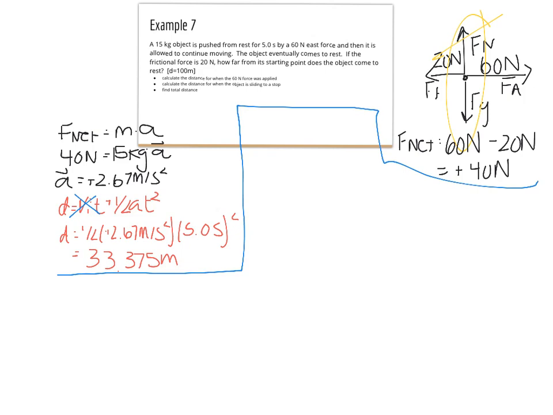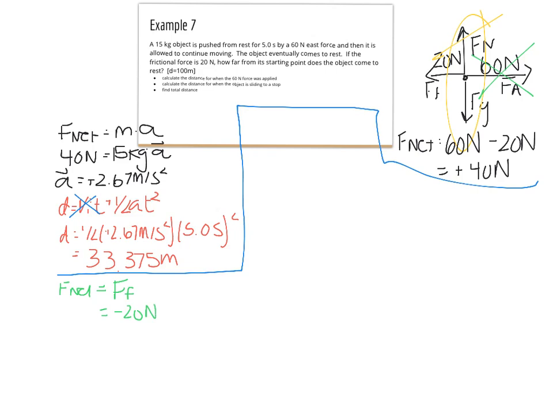Sorry, just trying to carve out some space. Now, in our second piece, we know that F net, once it's moving, we no longer have an applied force. Okay, so our applied force is gone. F net will just equal the force of friction. Okay, because again, our normal force and gravity are still balanced. The only thing that's unbalanced is the fact that we have friction. So F net then is equal to negative 20 newtons.